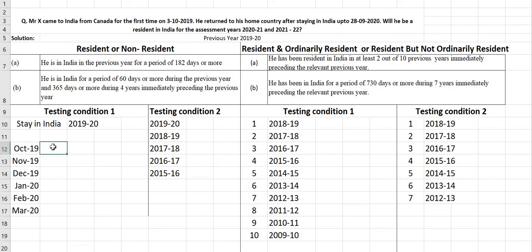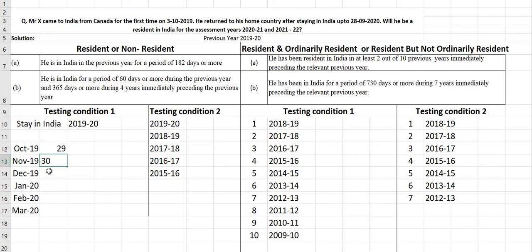Let's see for how many days he was in India in the month of October. Since he came to India on 3rd October, we calculate the number of days from 3rd till 31st, because the day of arrival or day of leaving India is also counted. So in October he was in India for 29 days. There are 31 days in October, and for 1st and 2nd October he was not there, so 29 days.